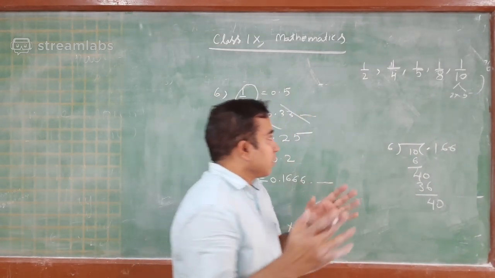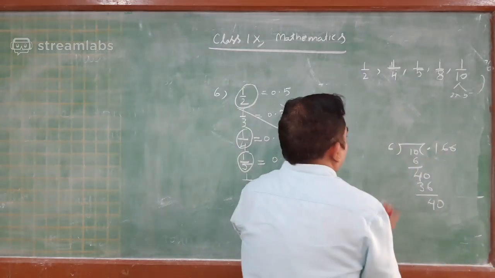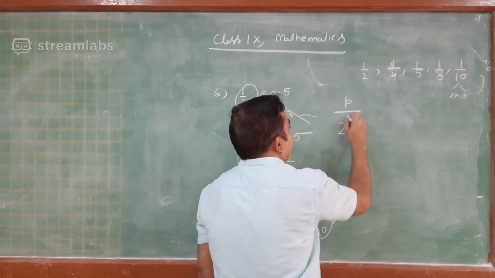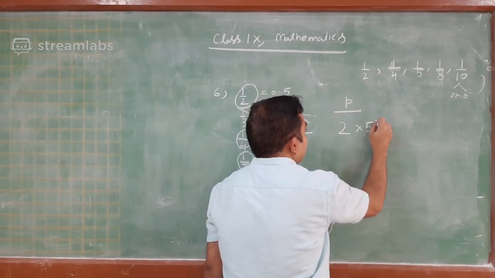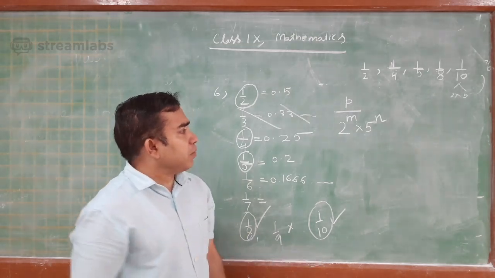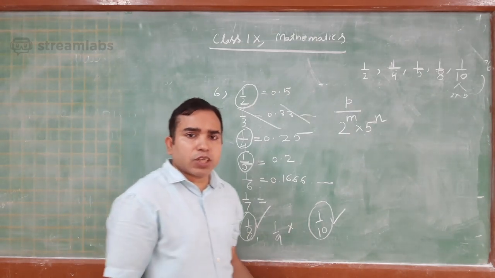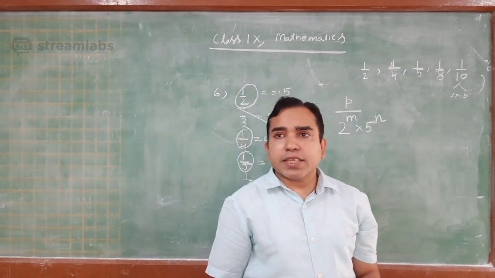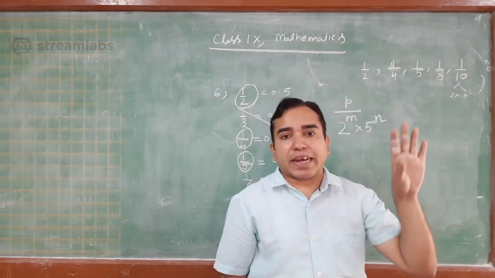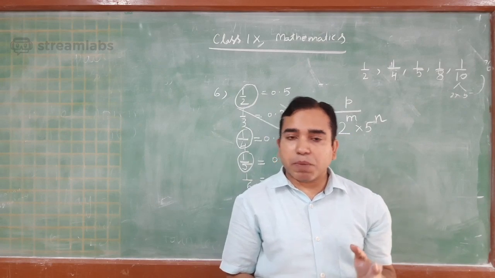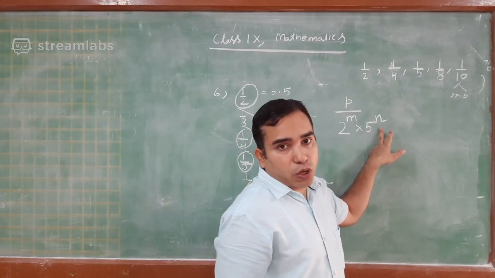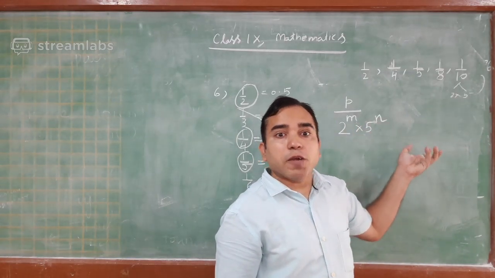So I think it is correct to say that any number which is of the form p upon 2 to the power m into 5 to the power n will have a terminating decimal expansion. सीधे शब्दों में बोले तो डिनोमिनेटर में सिर्फ 2 या 5 की पावर्स ही आनी चाहिए, या डिनोमिनेटर का जो फैक्टराइजेशन है that should contain only the powers of 2 and powers of 5. n can be 0 also, right? 5 may not be there as a factor.